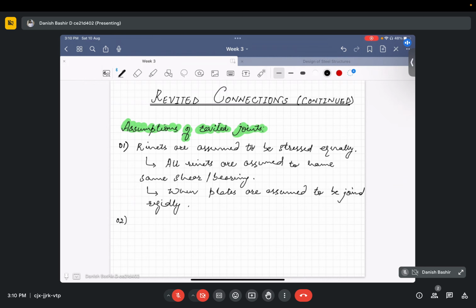So the second assumption is that the rivet hole is assumed to be filled completely, true for cold driven rivets.